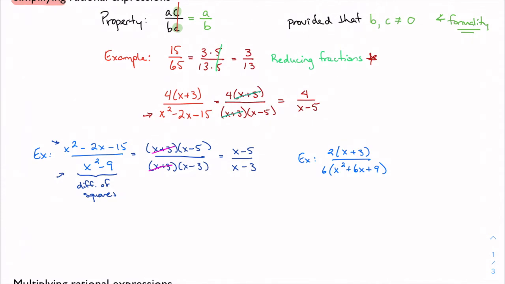So likewise over here, right? We'll deal with the numbers, the 2 and the 6, later, but my numerator doesn't factor. But part of my denominator does. This is factors of 9 that add up to 6, or you might notice that it's a perfect square trinomial. But if you don't, you realize that this is x plus 3 times x plus 3, or x plus 3 squared.